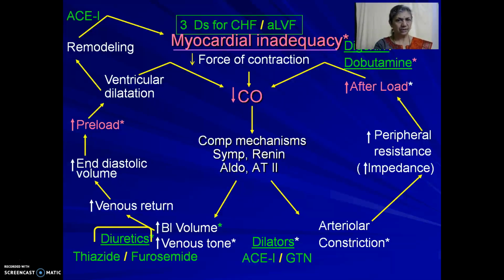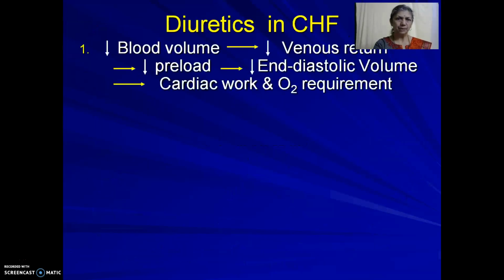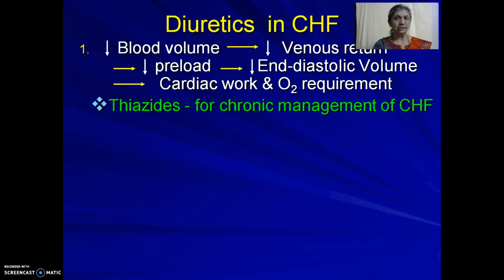Diuretics help this patient of congestive heart failure by reducing the blood volume and thereby reducing the preload. So reduction in preload can reduce the end diastolic volume and thereby reduce the cardiac work and oxygen requirement. The diuretic preferred for chronic management is thiazide diuretics like hydrochlorothiazide because they are moderately effective.